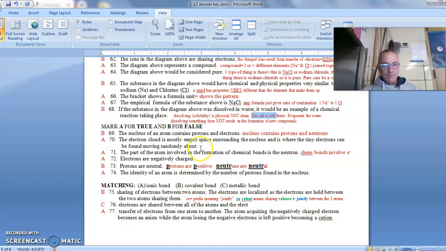69 to 74, the nucleus contains protons and electrons. That's false. The nucleus contains protons and neutrons. The electron cloud is mostly the empty space surrounding the nucleus where the tiny electrons can be found moving randomly about. That is correct.